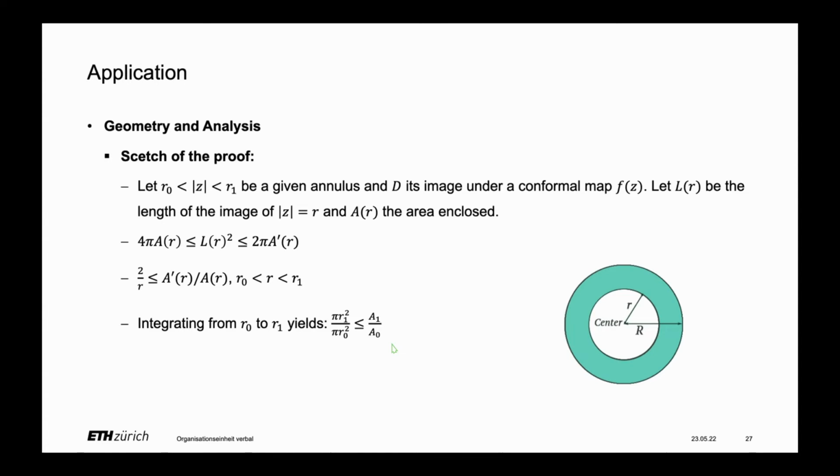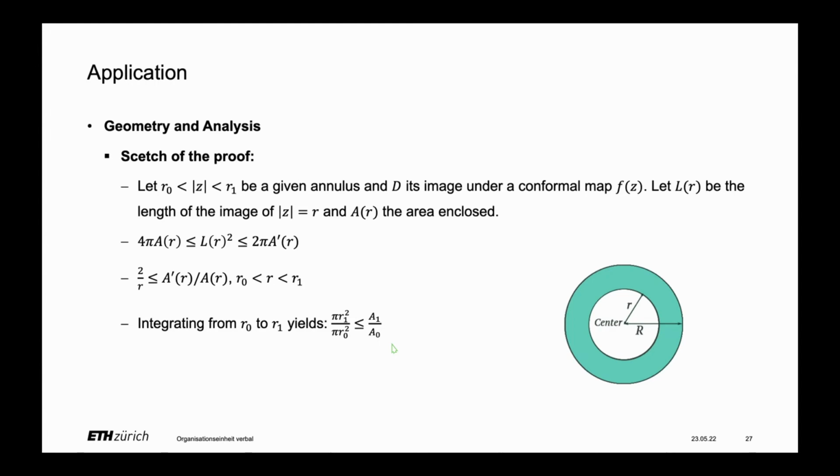And afterwards, with some calculations, if we're just integrating over the area, we will get, or we can estimate it as 2 pi over A prime of r. Therefore, by rearranging this inequality, we will get that 2 over r is smaller or equal to A prime over A of r, where r is between r0 and r1.